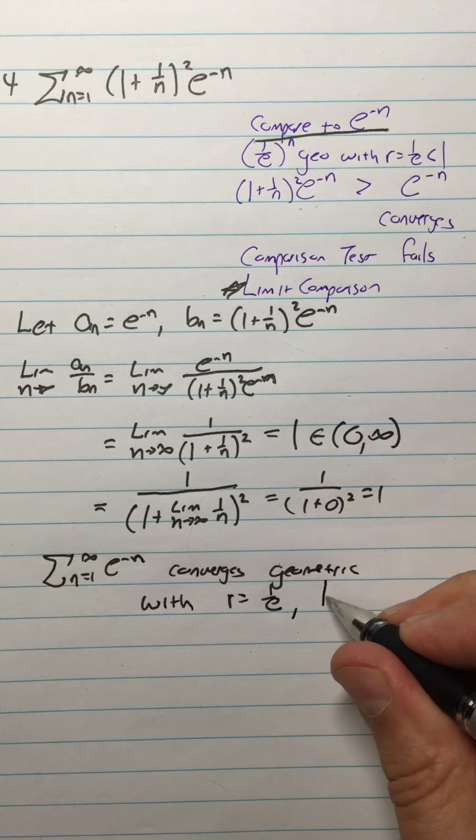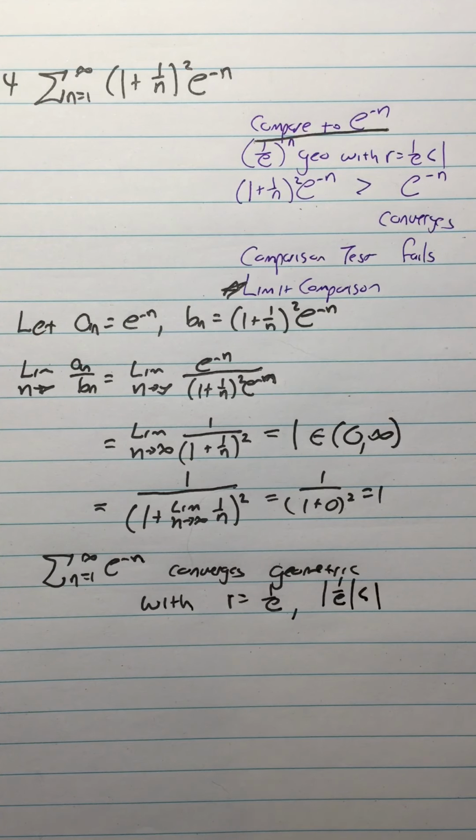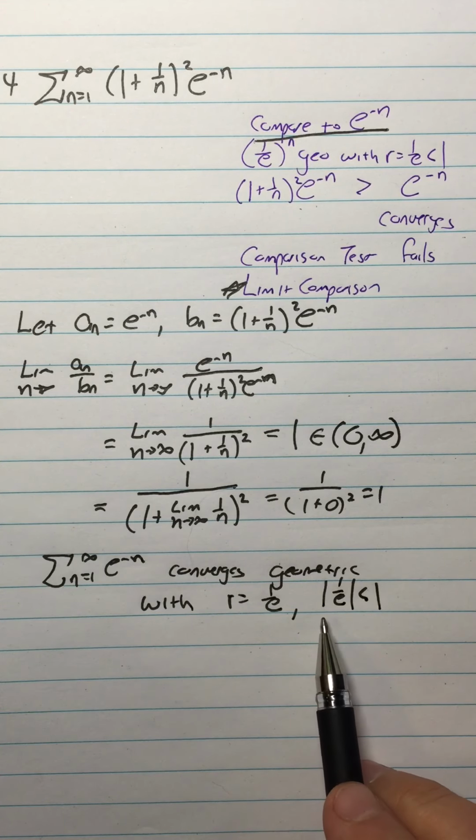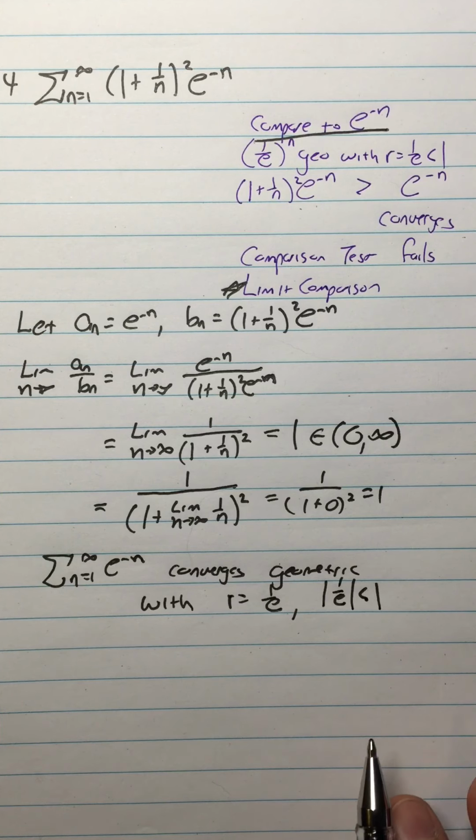But I do have to say, even though it's also obvious, that what's important is that the absolute value of 1 over e is less than 1. So I'm showing that I know that if I had negative e, that would still be less than 1, but it would not converge. So I need to have my absolute value there. So I'm stating why that converges.